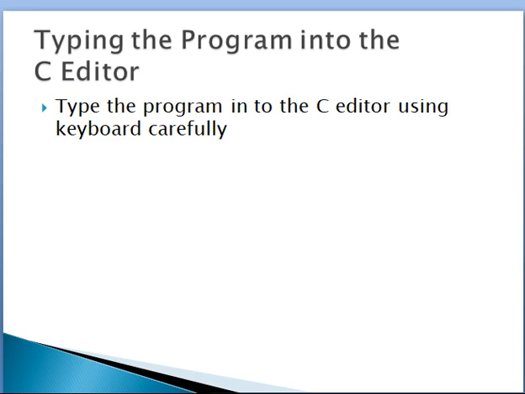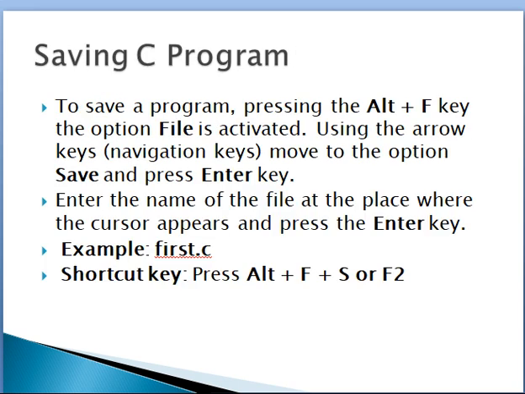After typing the C program, save it. To save a program, press Alt plus F key. The option File is activated. Using the arrow keys on the keyboard, move to the option Save and press the enter key.